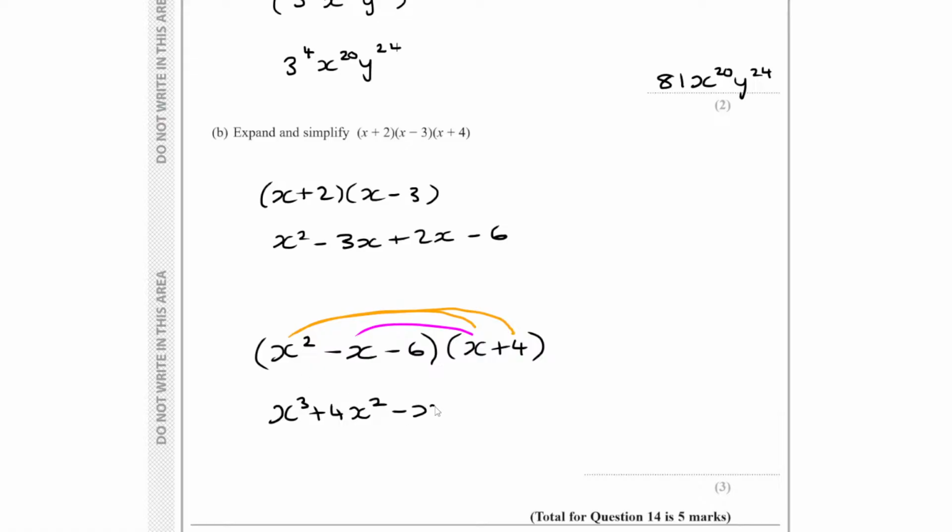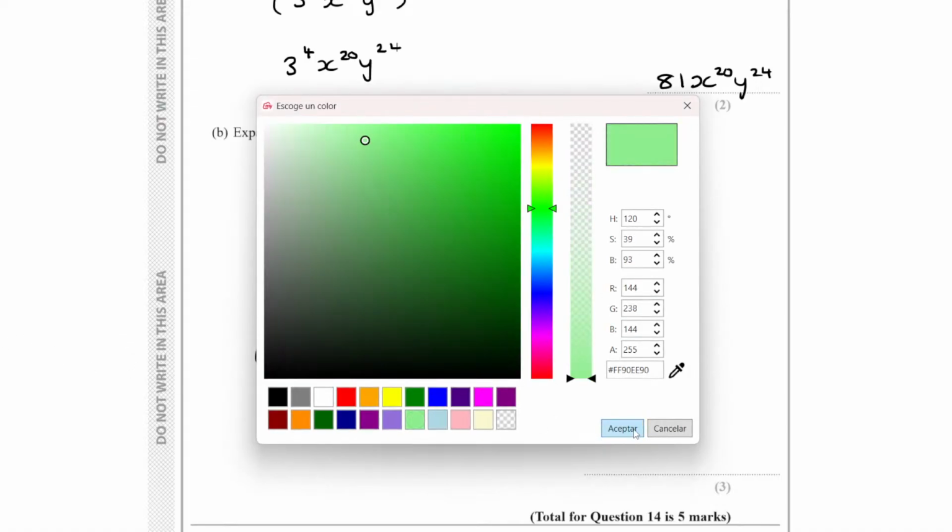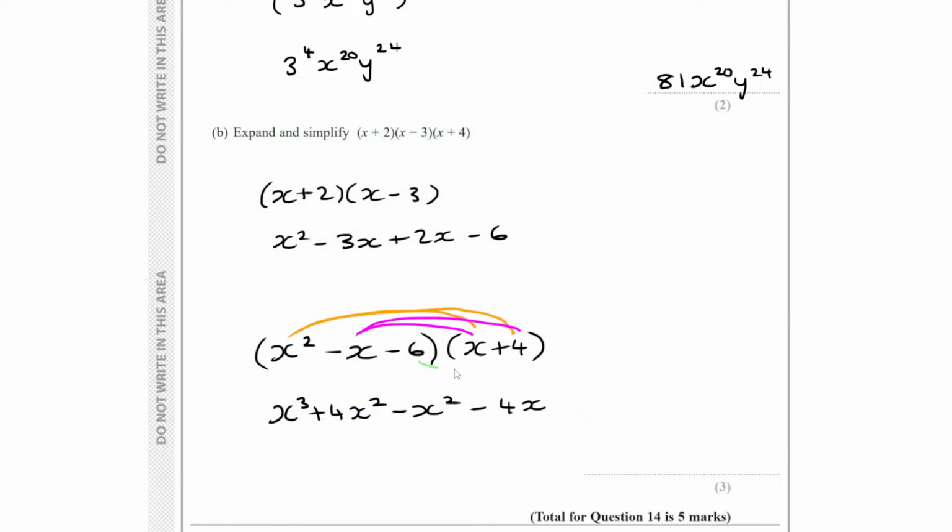So that's minus x squared, and then minus x times 4, minus 4x. And then lastly, the minus 6 times x, minus 6x, and then finally, there should be 6 terms, basically.